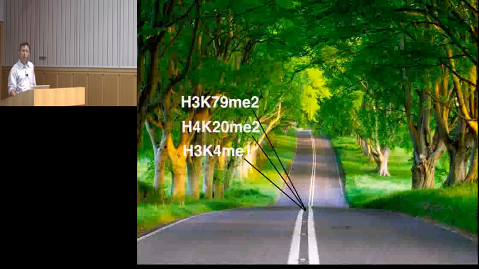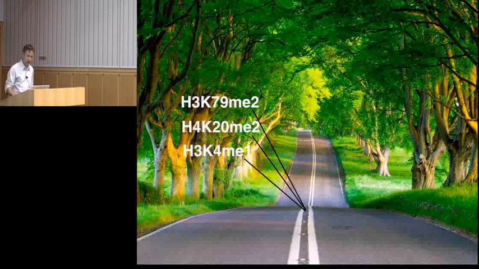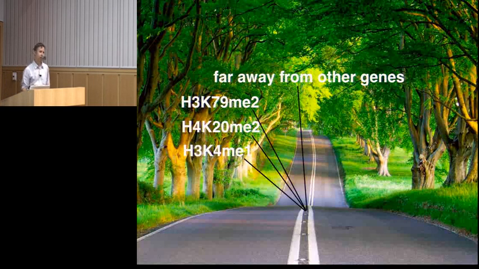And there was some correlation also with 2 other histone marks, the H4K20me2 and the H3K4me1 had a slight increased level in the faster elongating transcripts of genes. You also find that if genes were far away from other genes, they elongated faster.